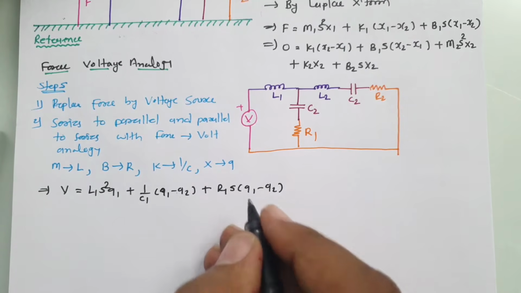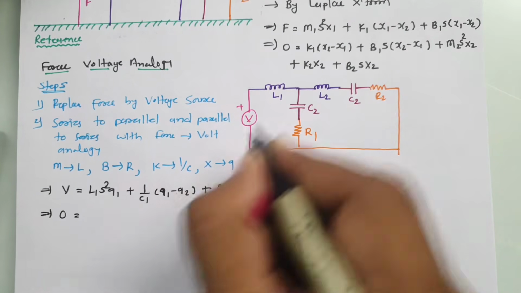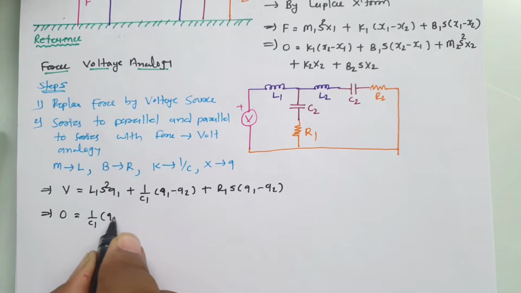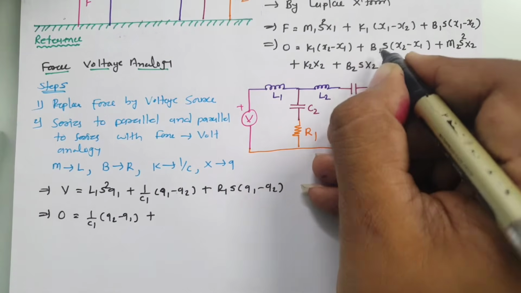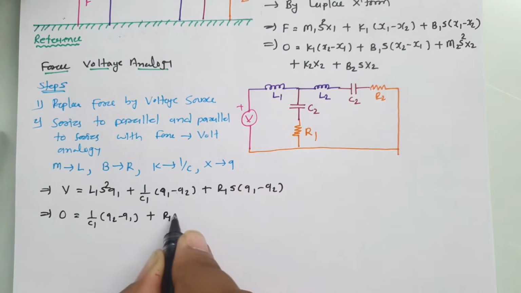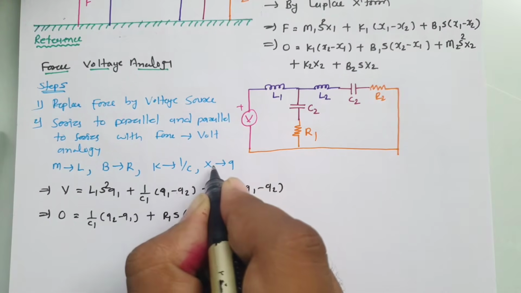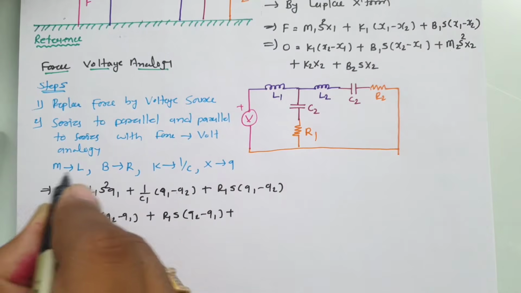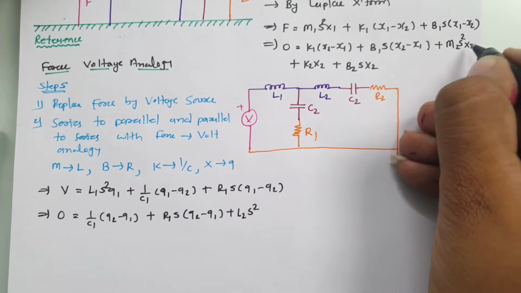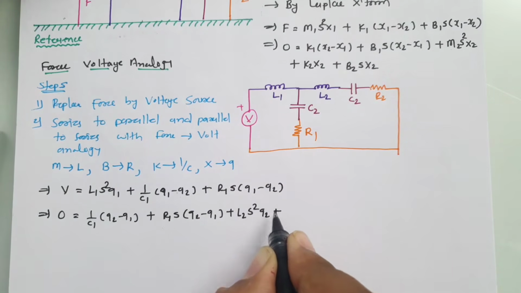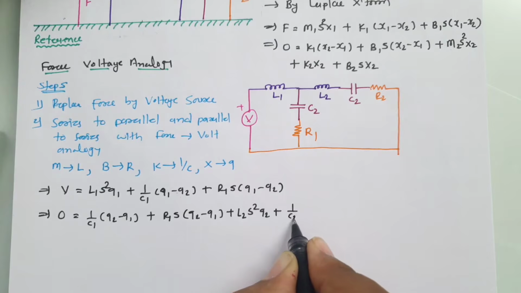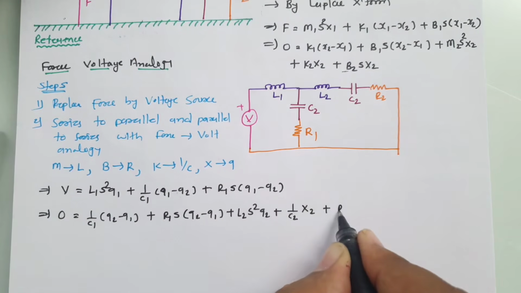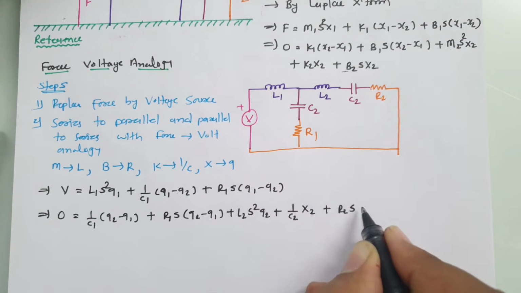So this is one equation, and the second equation is 0 equals K1, that is 1 by C1 into X2 minus X1, so that is Q2 minus Q1, plus B1, that is R1 into S into X2 minus X1, that is Q2 minus Q1, plus M2, that is L2 into S square X2, that is Q2, plus K2, that is 1 by C2 into X2, plus B2, that is R2 into S and X2, that is Q2.